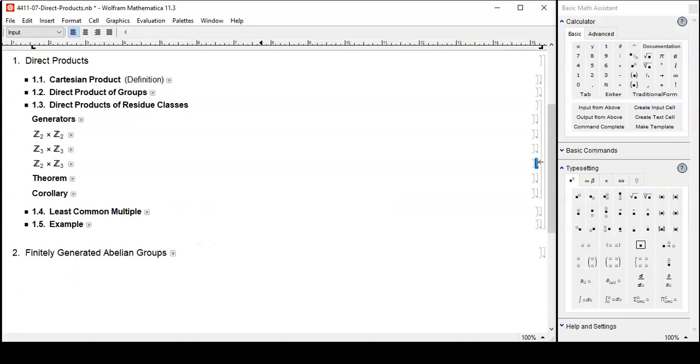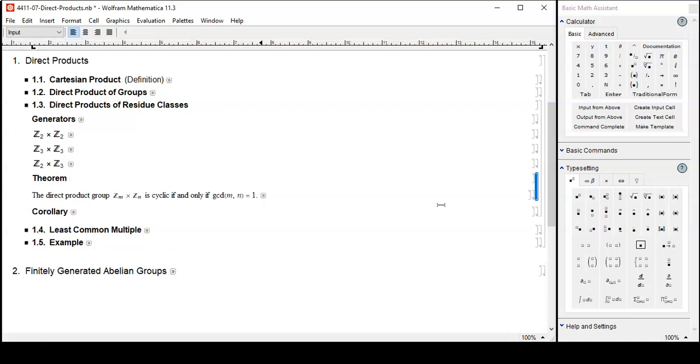When is it possible and when is it not? Well, let's state the theorem and we'll prove it in the next video. It turns out we can reduce it to a single generator when m and n are relatively prime.